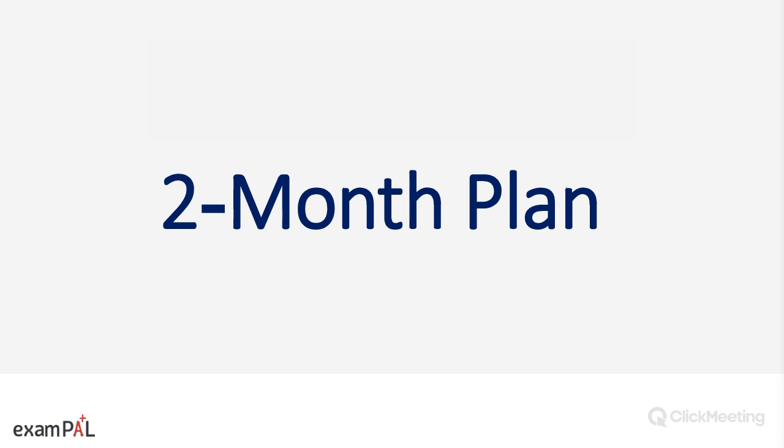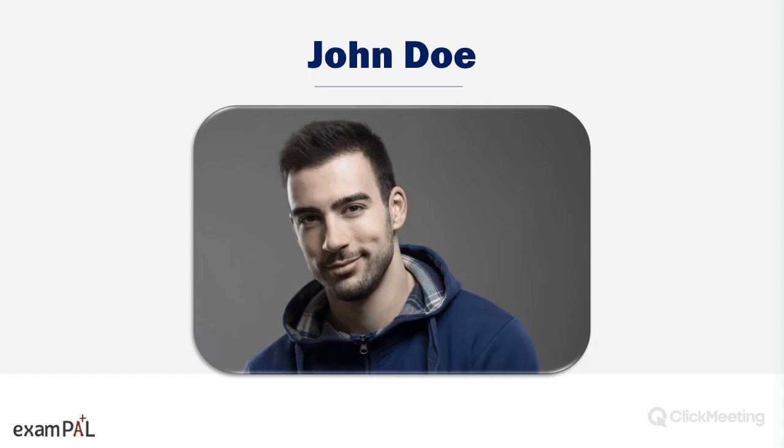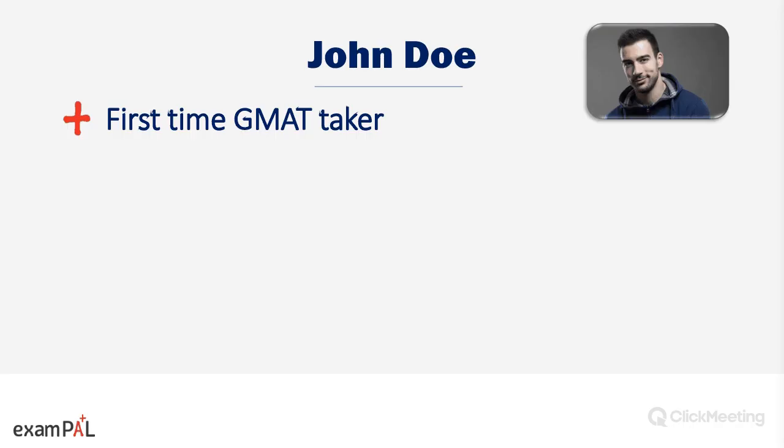So just to give you an example of someone who the 2-month plan might work for, let's talk about someone called John Doe. John Doe has the following characteristics. It's the first time that he's taking the GMAT, and he's starting from scratch, so he doesn't really know what he's doing yet, and he has to study everything.